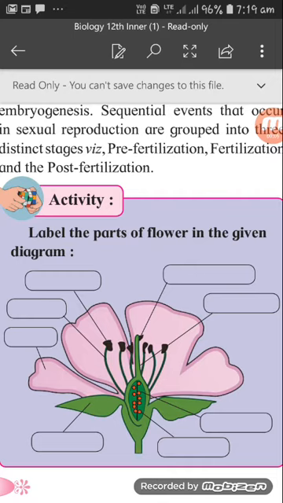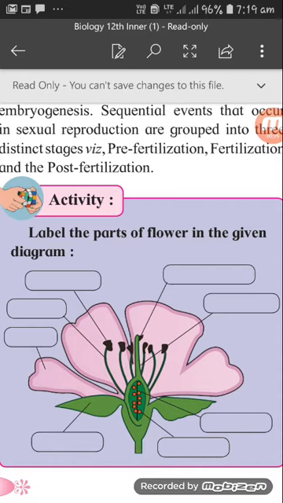Today we shall start with biology, chapter number 1, reproduction in lower and higher plants. We have seen types of reproduction, asexual reproduction and sexual reproduction, in our previous class.